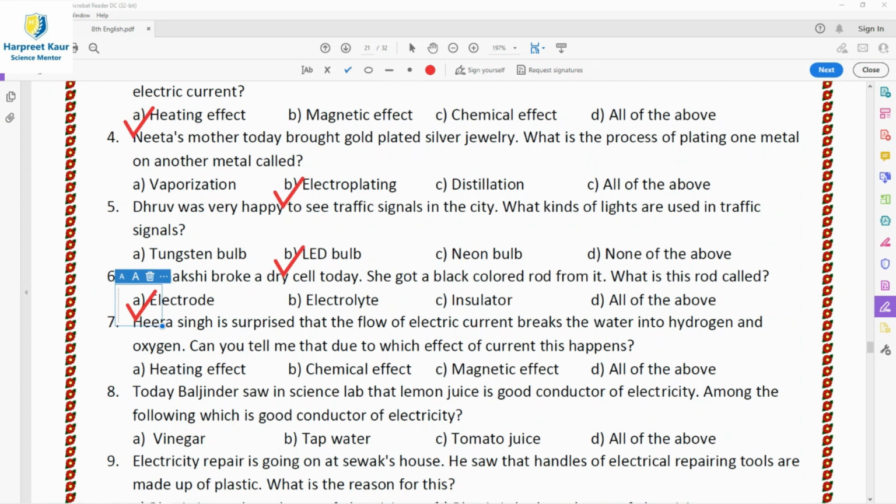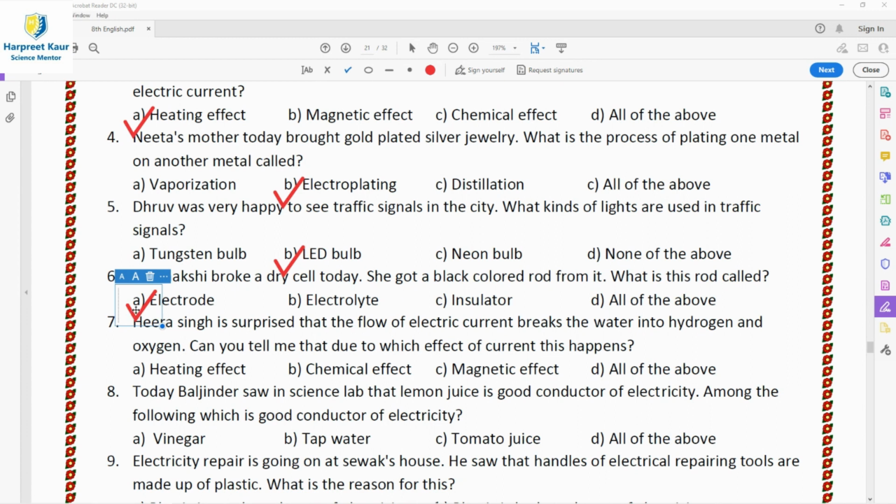A strong electrolyte is a liquid which conducts electricity very well, whereas a weak electrolyte conducts electricity to a lesser extent. It is a weak conductor of electricity and contains a lesser number of ions. And children, if we see option 3, that is insulator, we know that these are the substances which do not allow the electricity to pass through them.